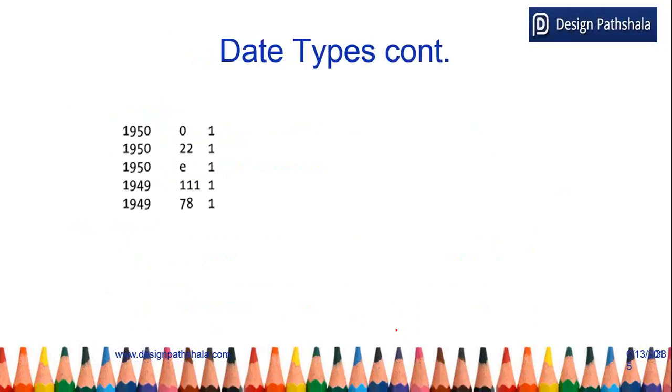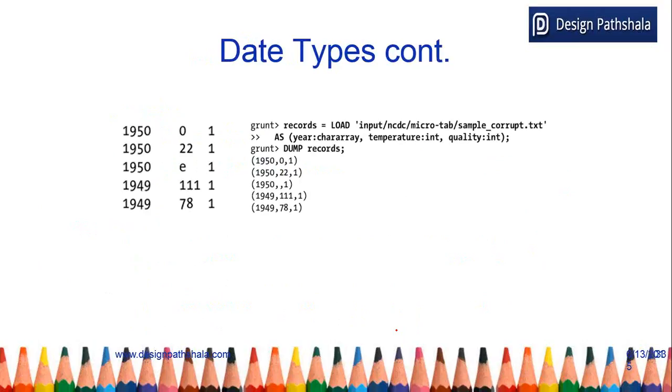To give you an example, let's say this is the data which I am loading. I say load, so this is the year, this is the temperature recorded at a given point of time in that year, and this is the quality of the recorded temperature. I am saying the year as chararray, temperature as int, and quality as int. Now you can see there is one faulty record over here.